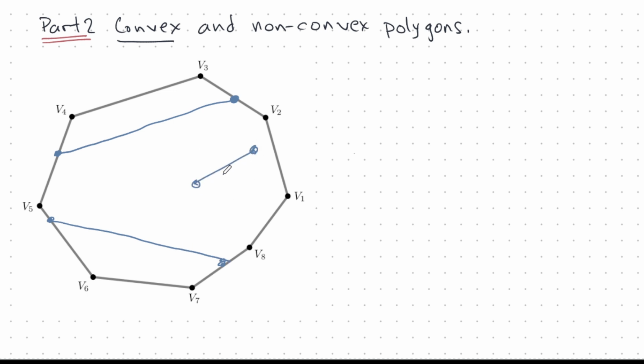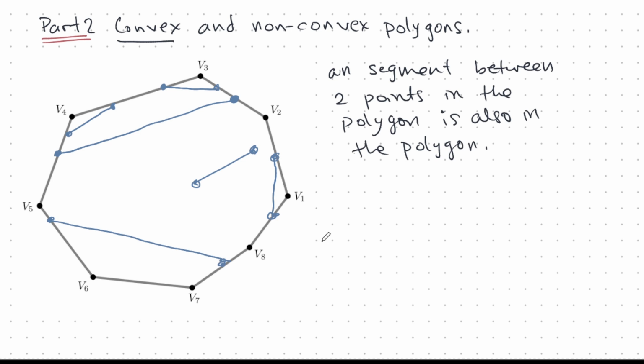But that's kind of obvious. Any points, and I draw a segment. You notice that what's interesting is no matter what I choose as two points of a segment, the segment itself is always inside the polygon. Any segment between two points in the polygon is also in the polygon.